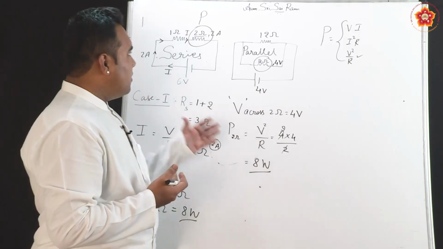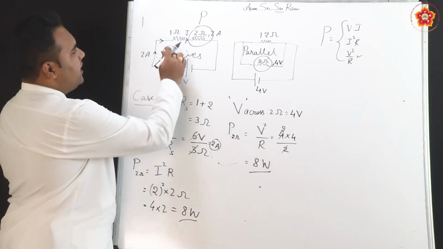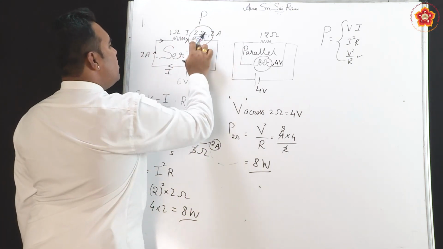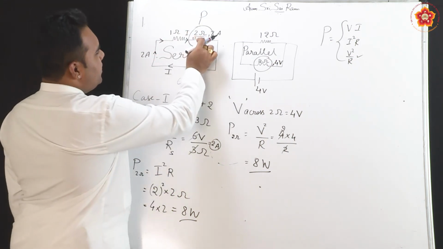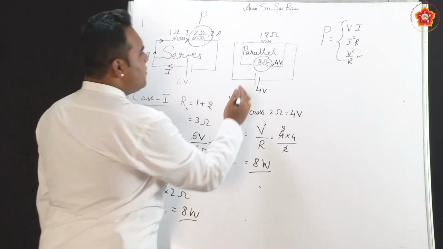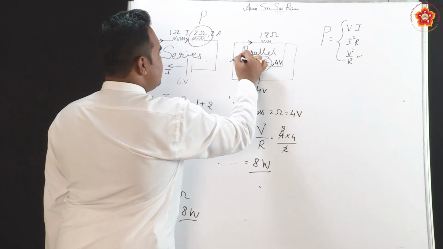We can also use the other formula here. Suppose we calculate in series: the voltage differs, so if I calculate the voltage across this 2 ohm resistor, knowing the voltage value I can use V square by R. Similarly, suppose I know the total current in the parallel circuit, when it comes here, it splits into 2 parts.